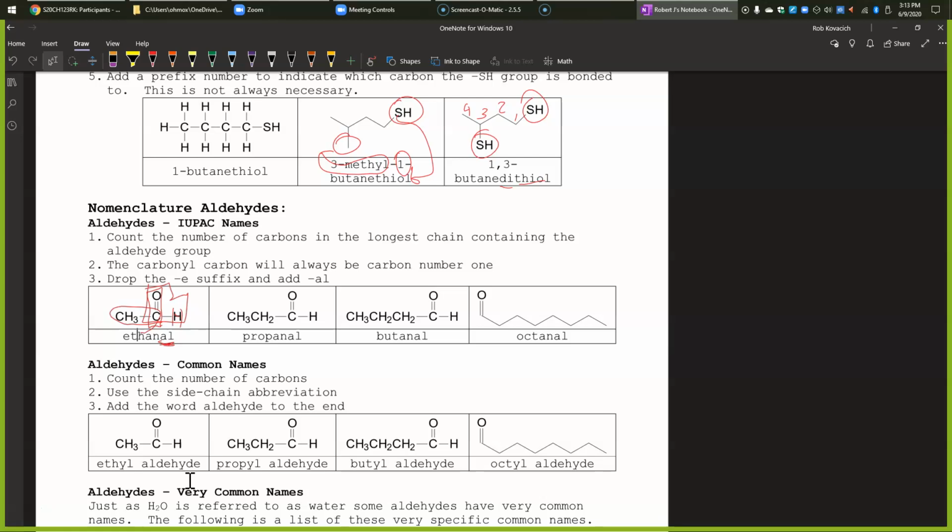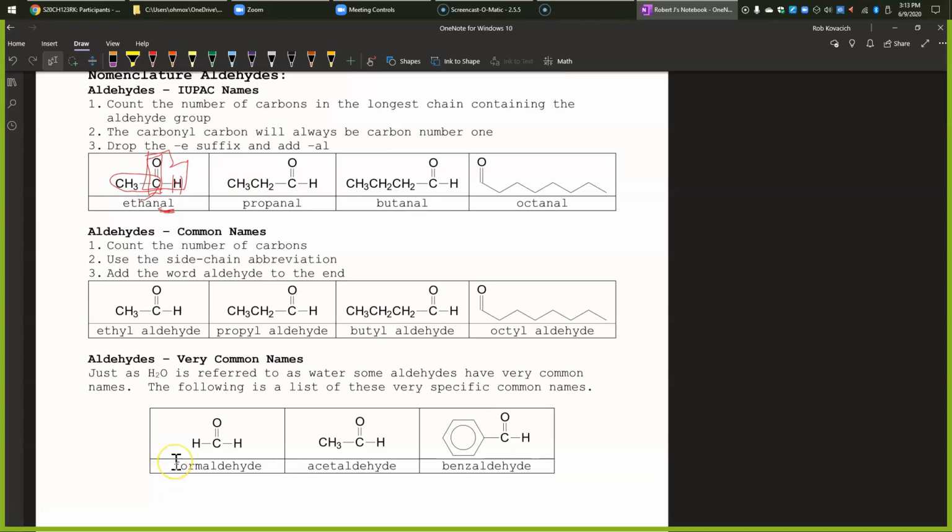Okay. Some common names for aldehydes. So all we do is we say the name aldehyde, and then we identify how many carbons are there. So the first one is ethyl aldehyde. Why? Well, it's obviously an aldehyde because there's a C double bond O there with an H on one side, and it's only 2 carbons long. So I just say ethyl aldehyde, propyl aldehyde, butyl aldehyde, octyl aldehyde. So they're super easy.